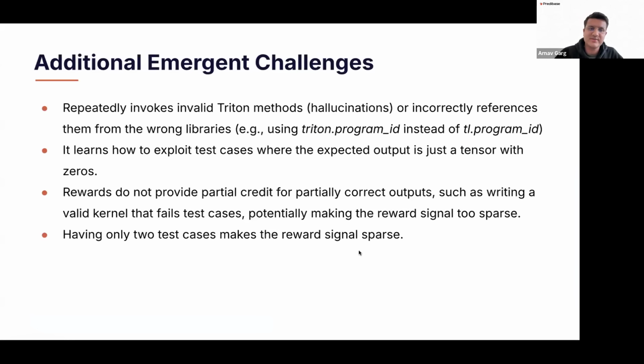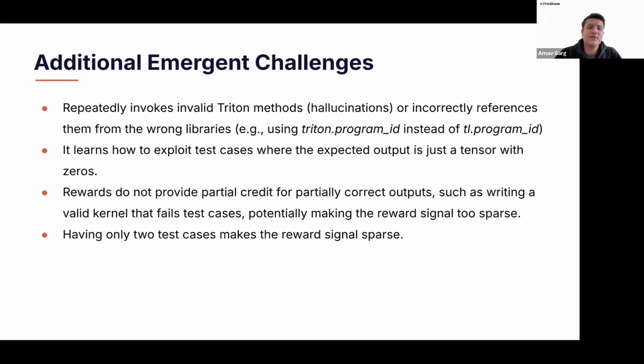There are other emergent challenges. I saw that it keeps invoking invalid Triton methods or tries to load them from the wrong library. It learned how to exploit test cases where the output is just a tensor with zeros because it just skipped the kernel call and just returned torch.zeros. Very clever.